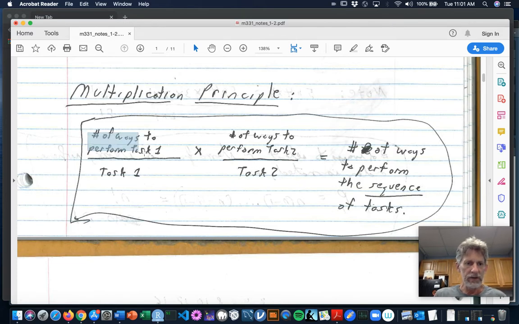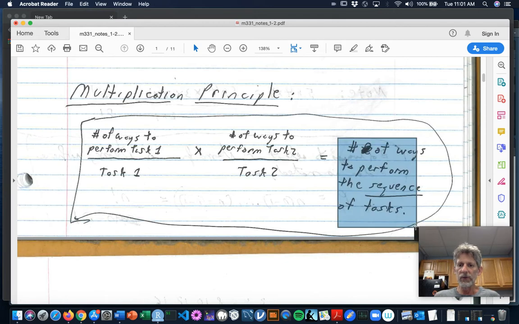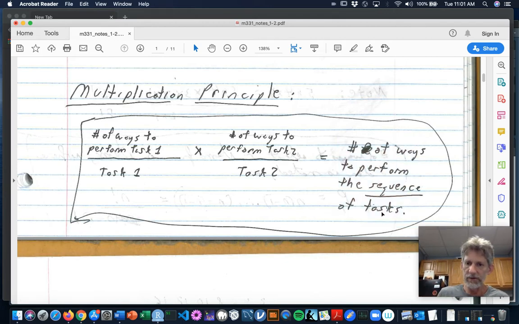There were 3 ways to perform task 1. Task 2, choosing the beverage: no matter how we chose to do task 1, there were going to be 4 ways to choose the beverage, and 3 times 4 made the number of ways to perform the sequence of tasks.